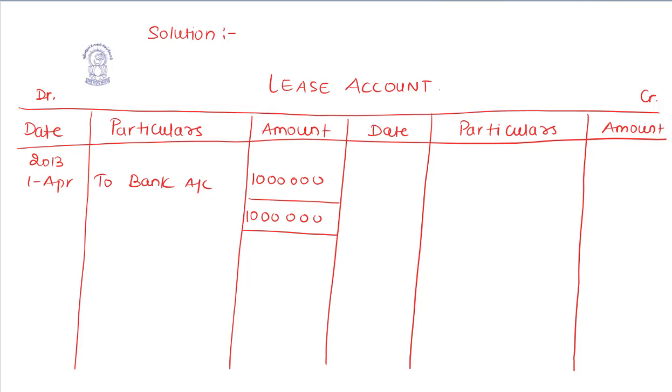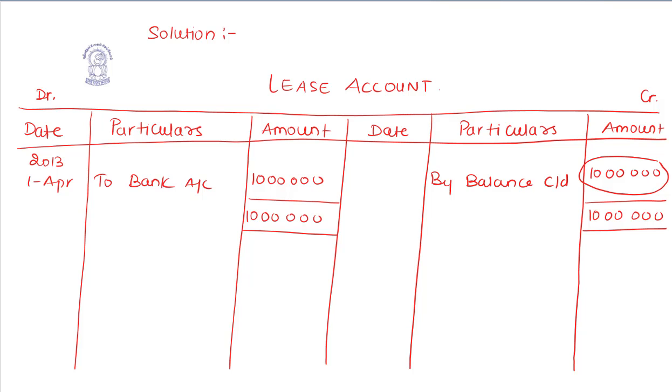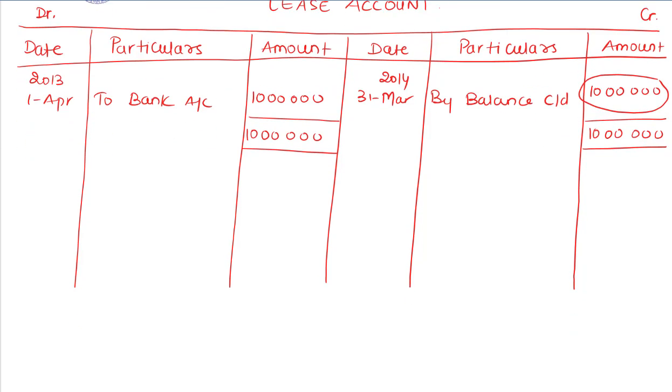The total, 10 lakhs over here, would be transferred to the credit side, 10 lakhs, and the balancing figure, that is by balance carried down, by balance carried down 10 lakhs, on 31st March 2014.